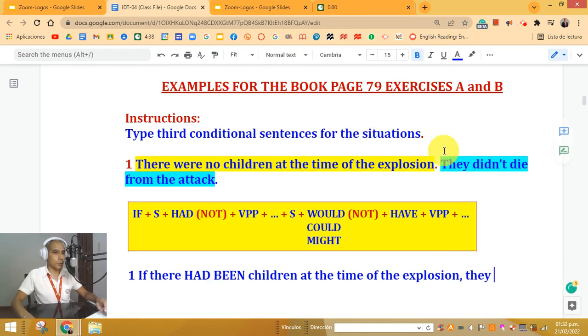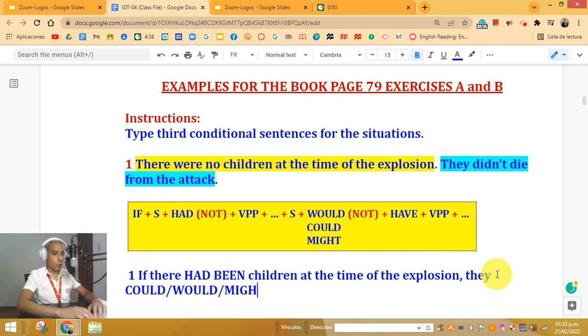Now, talking about the result clause. If you see the result clause, it's negative because here it says didn't. So what I have to do is turn that negative form into a positive or affirmative. So in this case, I say they could, would, or might.